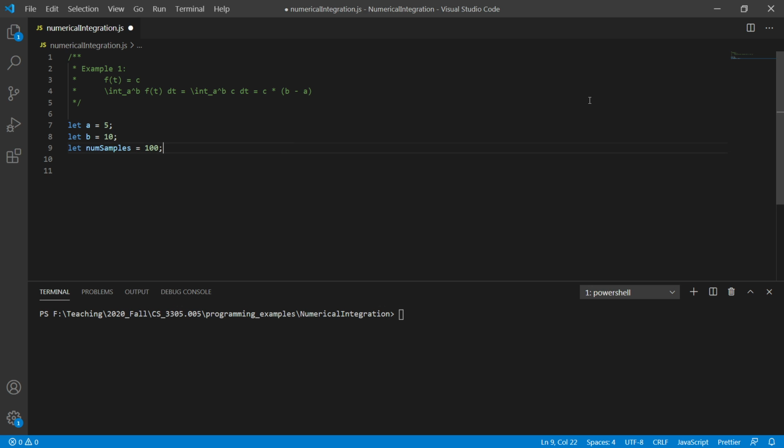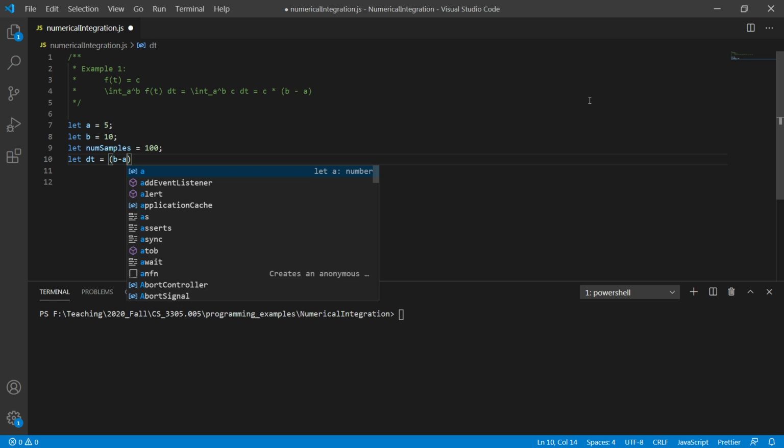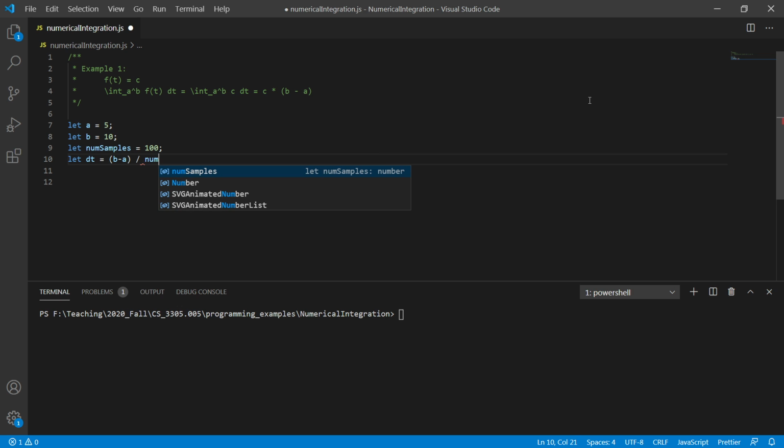We'll say 100. And then we can compute dt, so our step size as we're evaluating these rectangles to compute area under the curve. And that's going to be b minus a divided by the number of samples. So our step size is that.